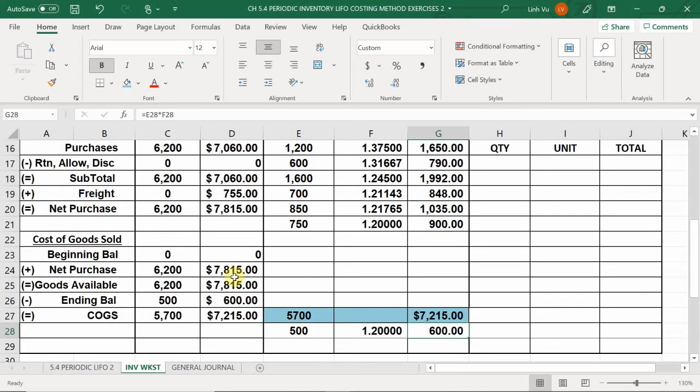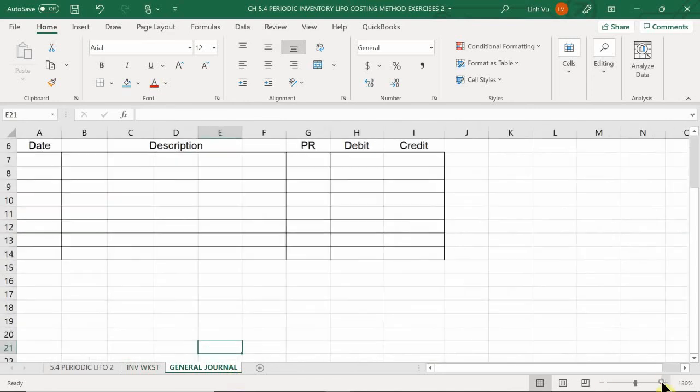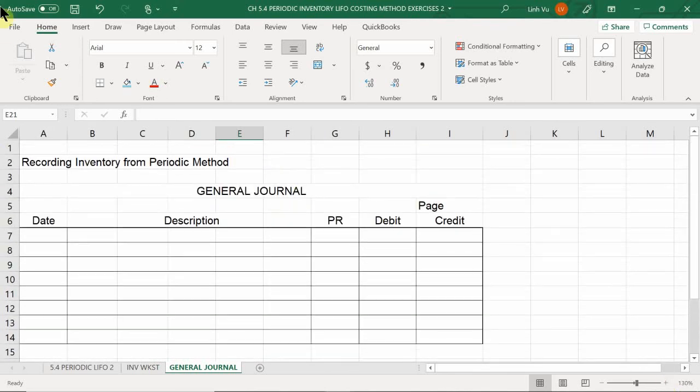Last but not least, let's go ahead and complete our conversion entry. So what am I going to recognize here for my conversion entry? It is June 30th. Inventory, okay?